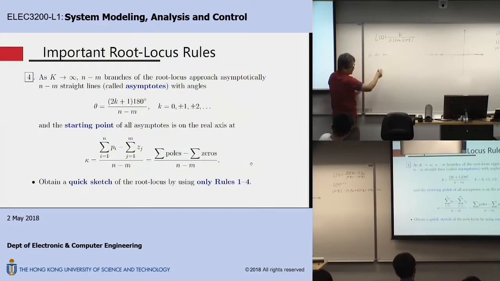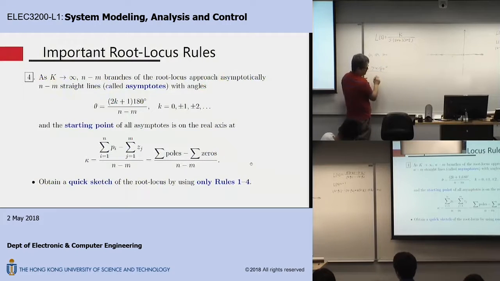But if you plug 3 in, 2 times 3 plus 1 is 7, so 7 times 180 degrees divided by 3. So what do you get?